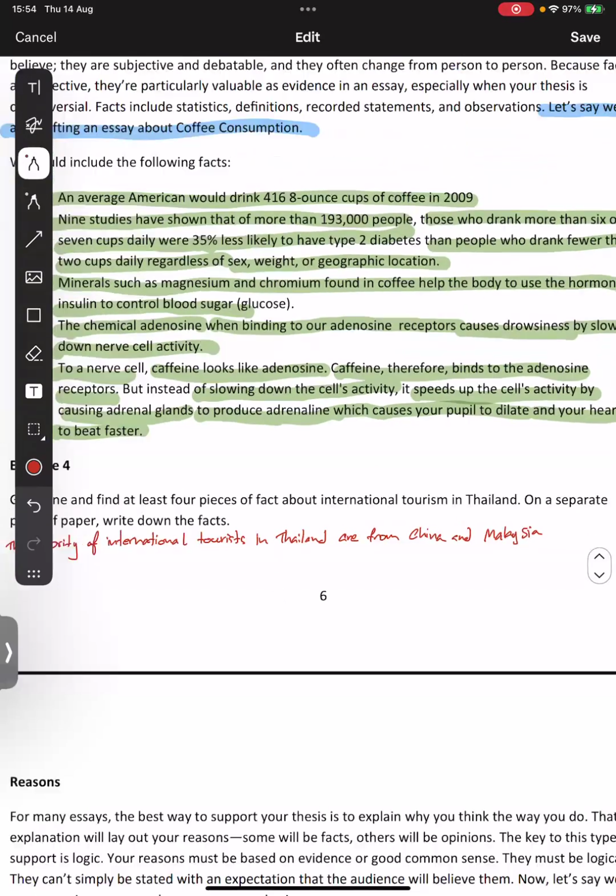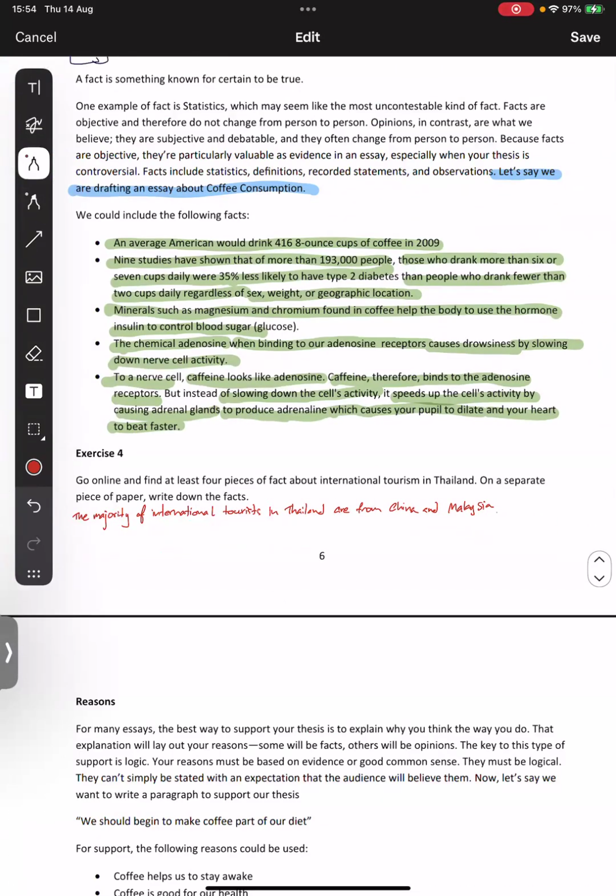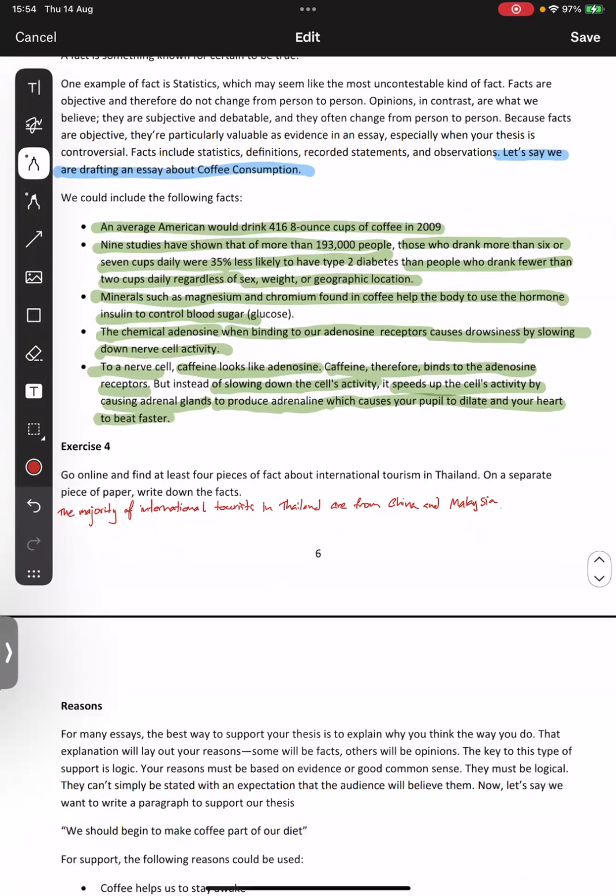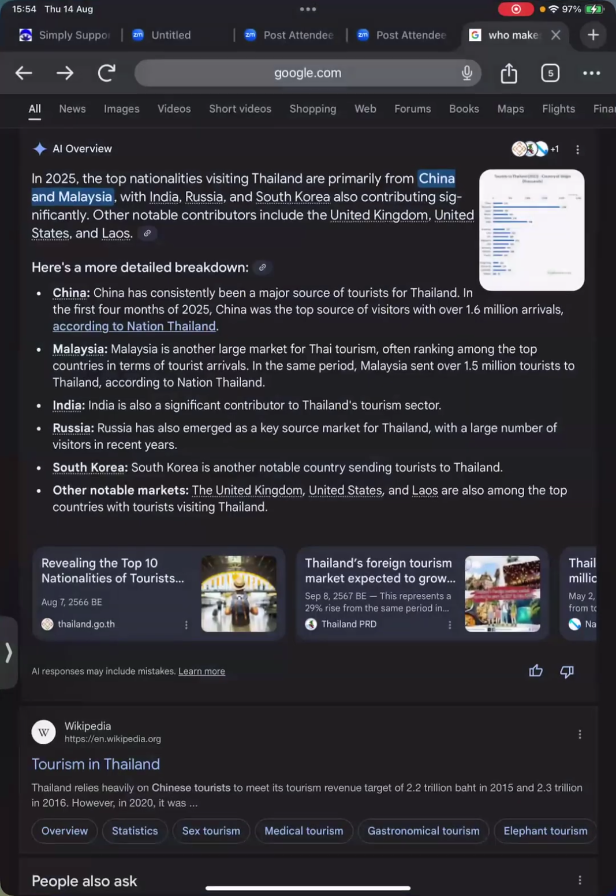This fact might come in handy. Right. Let's ask some other questions.